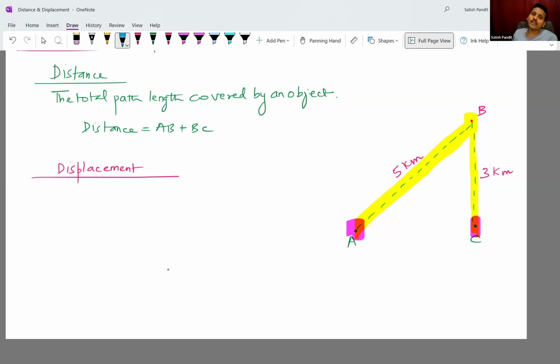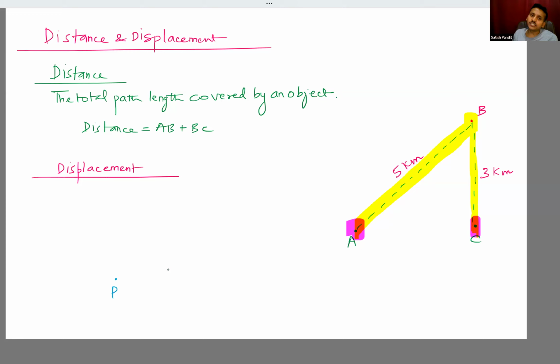Now see, suppose I have a point P and a point Q. To go from point P to point Q, I can go like this also, right? I can go like this also. I can go anywhere, right?